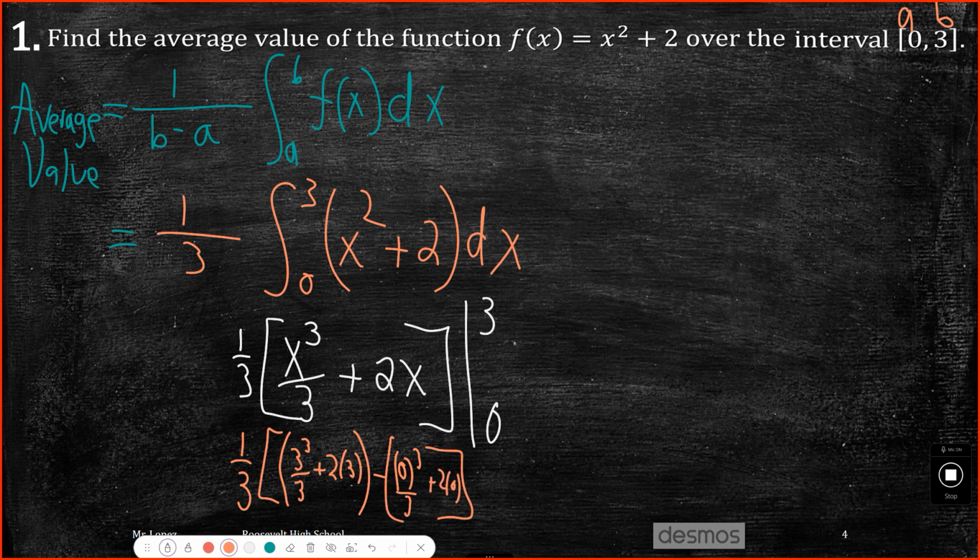This whole quantity is going to be 0, because whenever you plug in 0 here, the whole thing is 0. So now we just evaluate the inside. We have 1/3 brackets. 3 to the third is 27, divided by 3 is 9. 9 plus 6, and the other part is already 0. And 9 plus 6 is what?